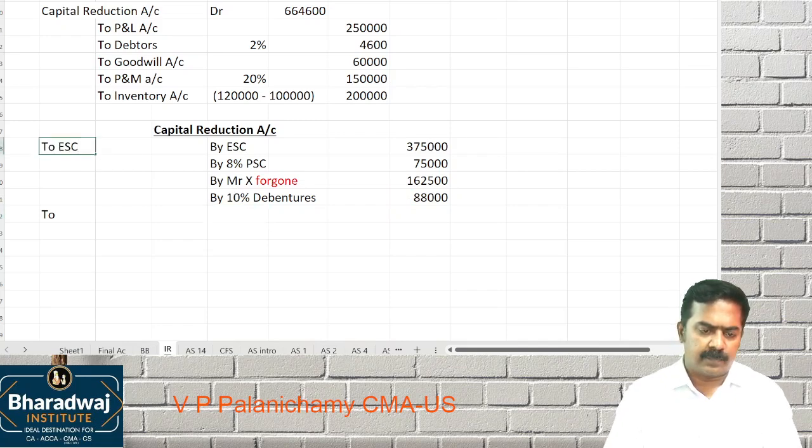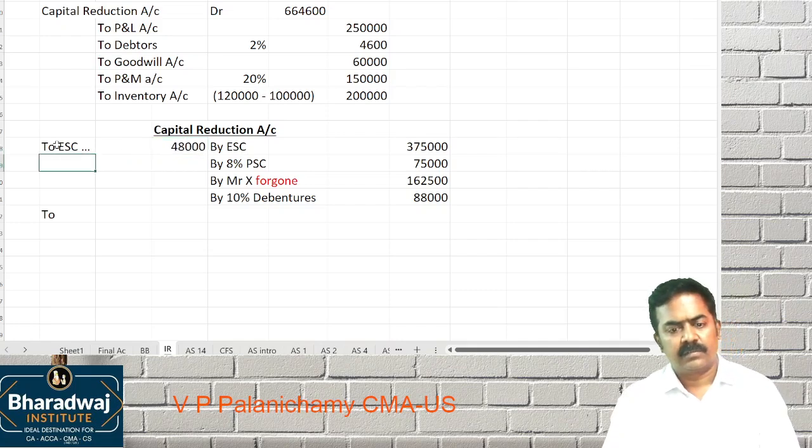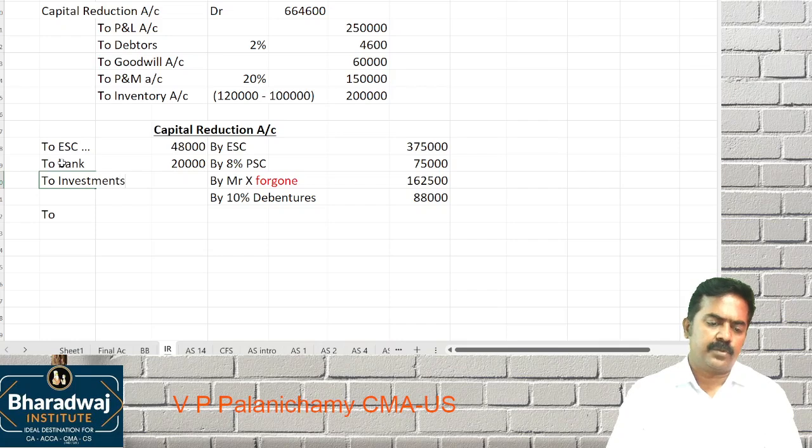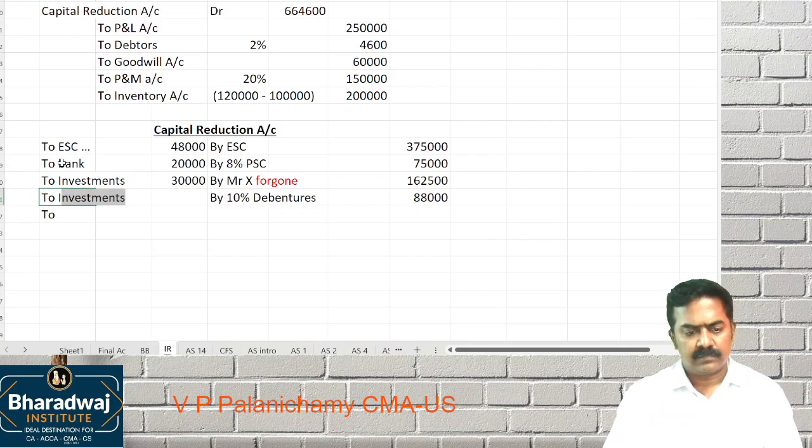To equity share capital, we have given arrears. Then 20,000. Investments reduced how much? 40,000. Then inventory written off, 20,000. Then the bad debts.